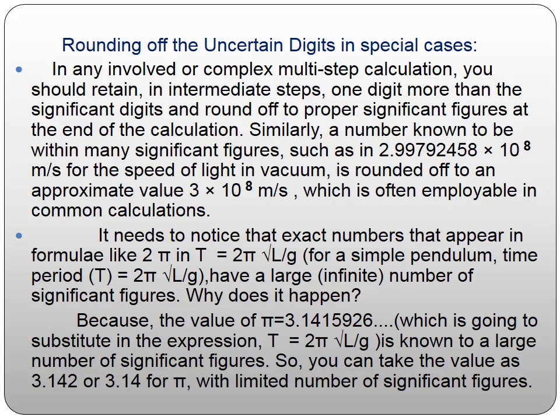This is the formula used to calculate the time period of a simple pendulum, and it is known to a large number of significant figures. So you can take the value as 3.142 or 3.14 for π with a limited number of significant figures.